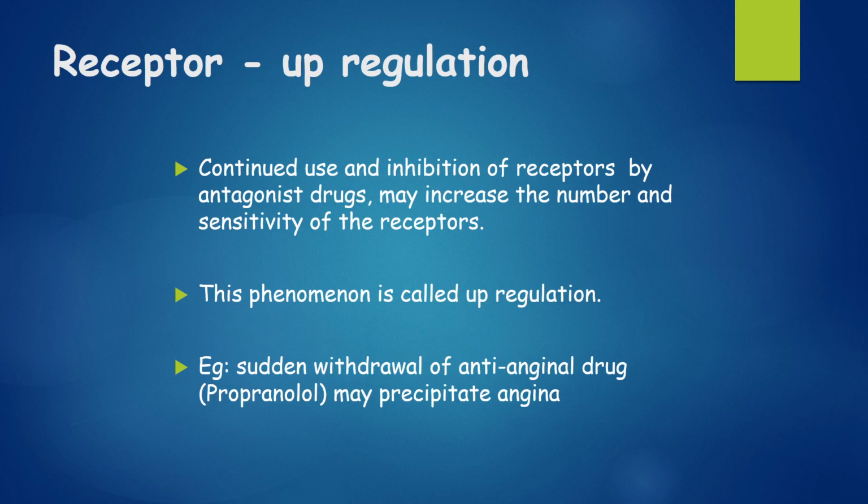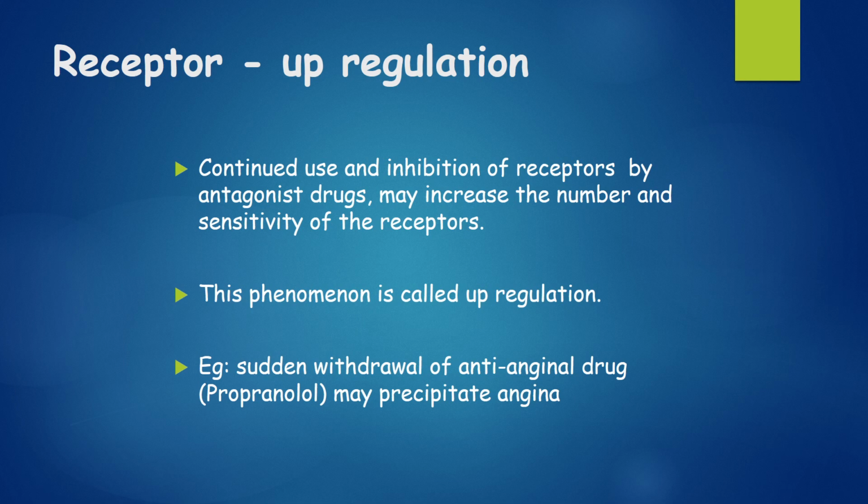In the same way, receptor upregulation is also there. Continued use and inhibition of a receptor by antagonistic drugs may increase the number or sensitivity of the receptors. It is the exact opposite of down regulation. The phenomenon is known as upregulation. Sudden withdrawal of anti-anginal drugs may precipitate angina. That means the cardiac patients who are taking beta blockers have their receptors blocked for a prolonged period.